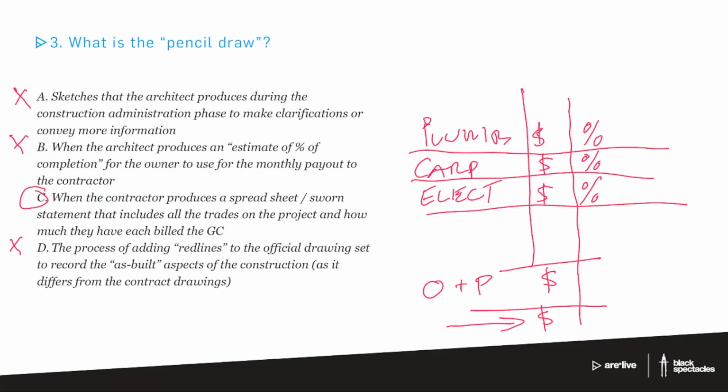Then how much do they get paid out for this payout review? How much have they already been paid in the previous payouts, which let's assume are monthly, although they don't have to be. They could be milestone or something else, but typically monthly. And then you get to the retainage section, and the retainage is the idea that let's say we're going to pay the plumbers $22,000, but we might have, say, a 10% retainage, which means that 10% of that 22 gets put off to the side in a special escrow account.